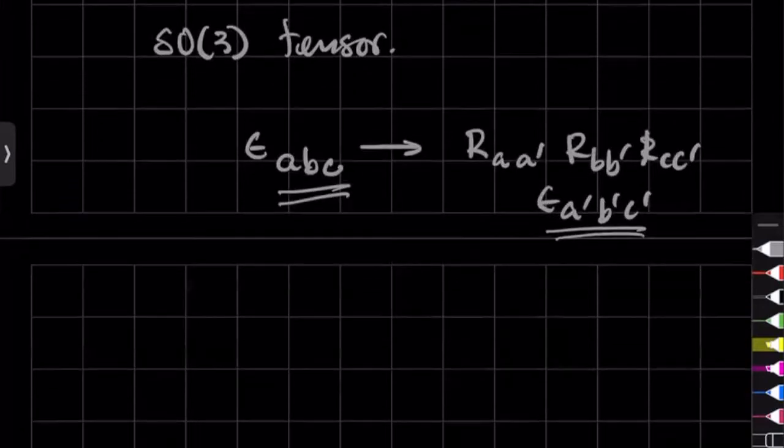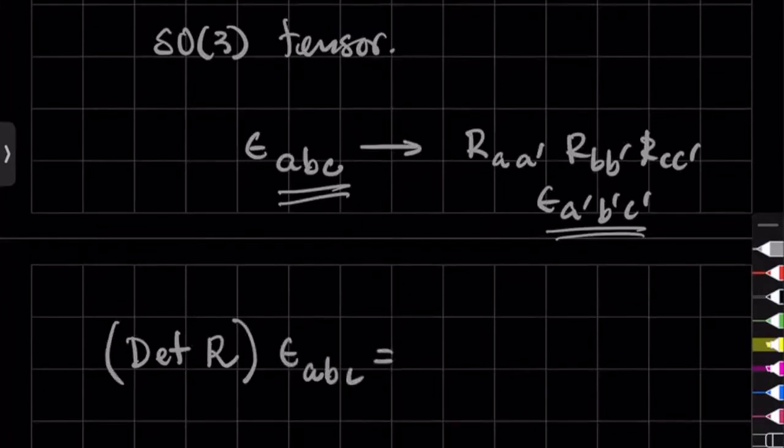But we know that the determinant of a 3 by 3 matrix is defined as: determinant of R times epsilon_{ABC} is equal to R_{AA'} R_{BB'} R_{CC'} contracted with epsilon_{A'B'C'}, okay?